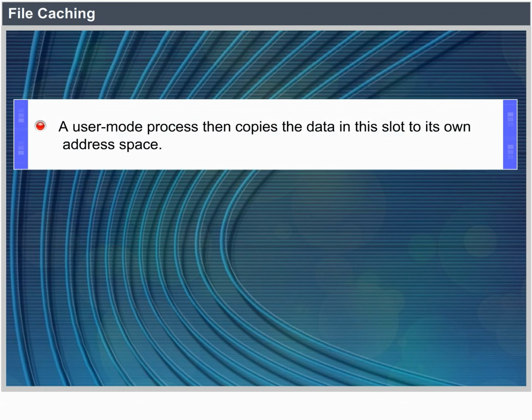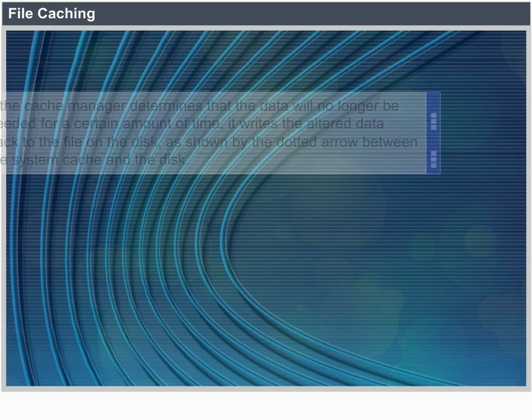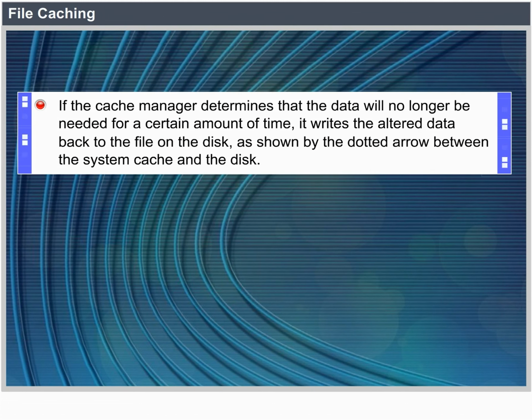When the process has completed its data access, it writes the altered data back to the same slot in the system cache, as shown by the dotted arrow between the process address space and the system cache. When the cache manager has determined that the data will no longer be needed for a certain amount of time, it writes the altered data back to the file on the disk, as shown by the dotted arrow between the system cache and the disk.